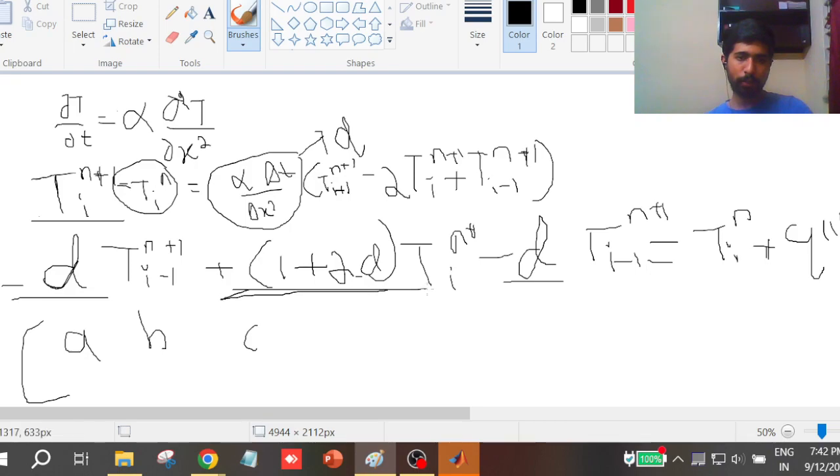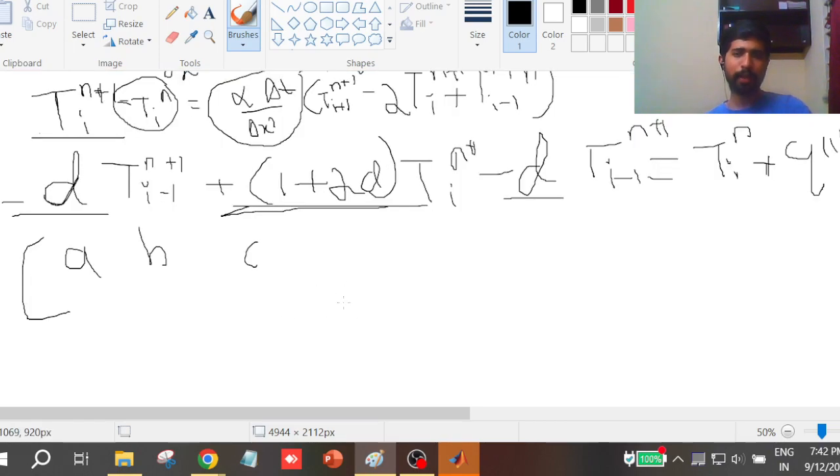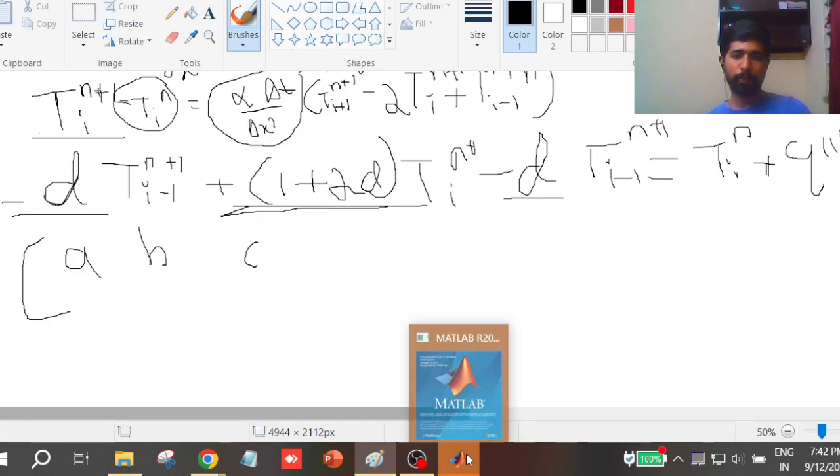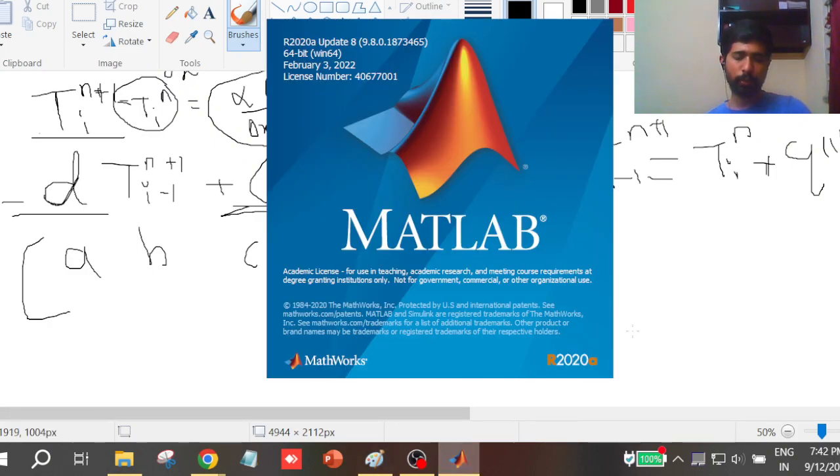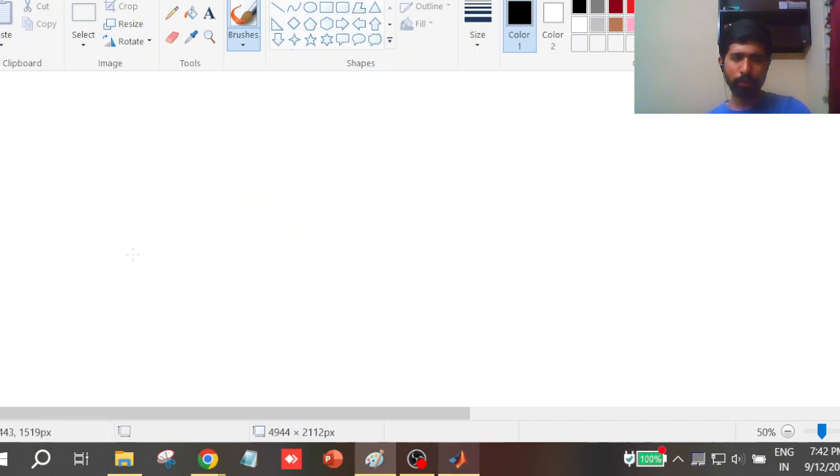So you can directly solve this using the tridiagonal matrix algorithm, and that is what we will try to see today. We will take a simple case, with heat generation and without heat generation, with 100 and 0 temperatures at the left and right hand.